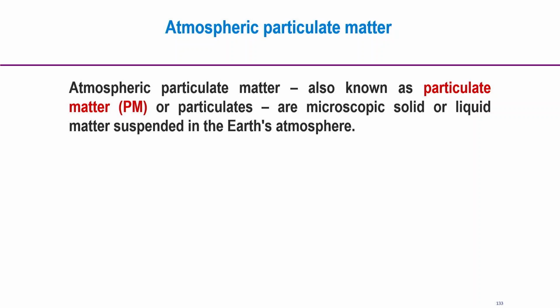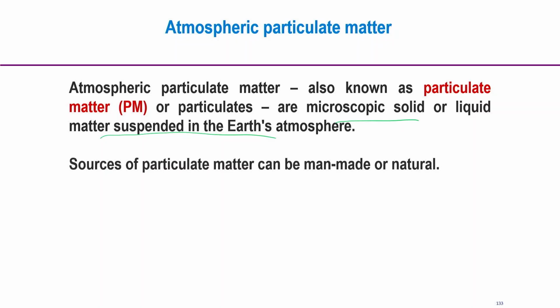So, atmospheric particulate matters, also known as particulate matters PM or particulates, are microscopic solid or liquid matter suspended in the earth's atmosphere. So, these are called particulate matters. Now, they can be from man-made sources and natural sources.